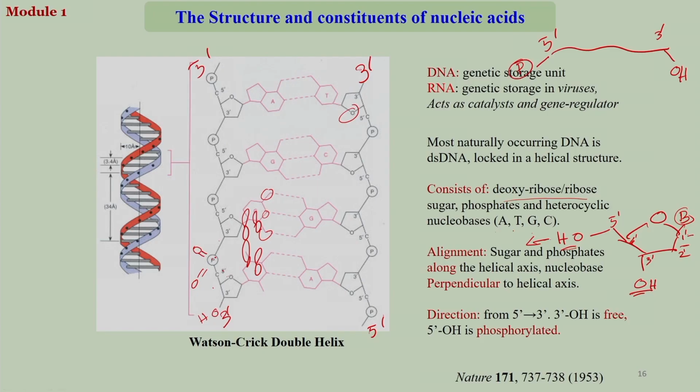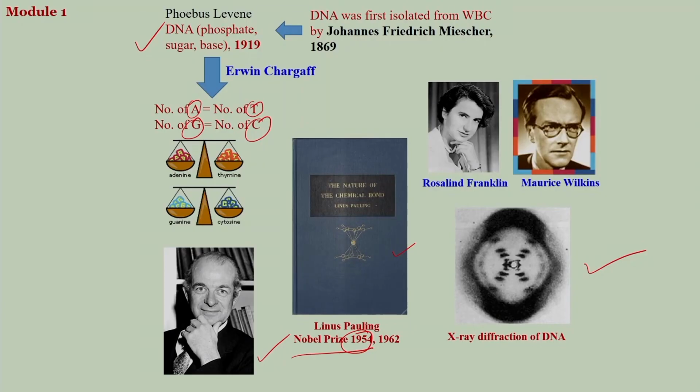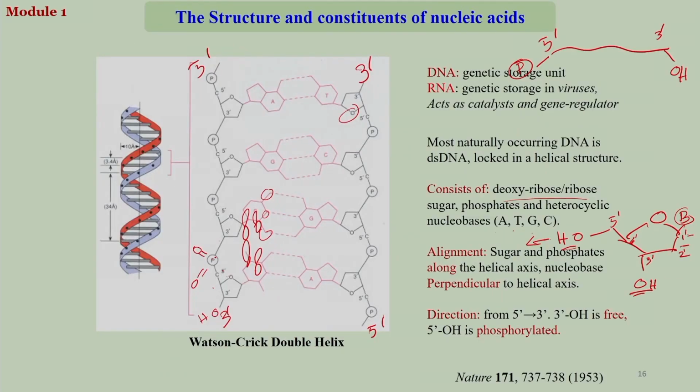Now, the key fact: how does the DNA transmit the genetic information from one cell to the new cells? Once you see that DNA consists of two molecules, things become very easy. This also explains the hydrogen bonding between the nucleobases, and why Chargaff saw that the number of adenine is equivalent to the number of thymine, and the number of guanine is equivalent to the number of cytosine, because adenine is paired up with thymine, and guanine is paired up with cytosine.